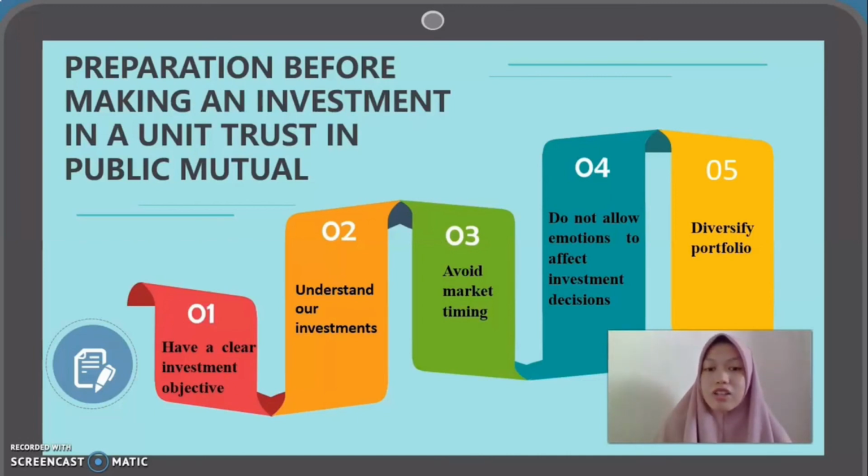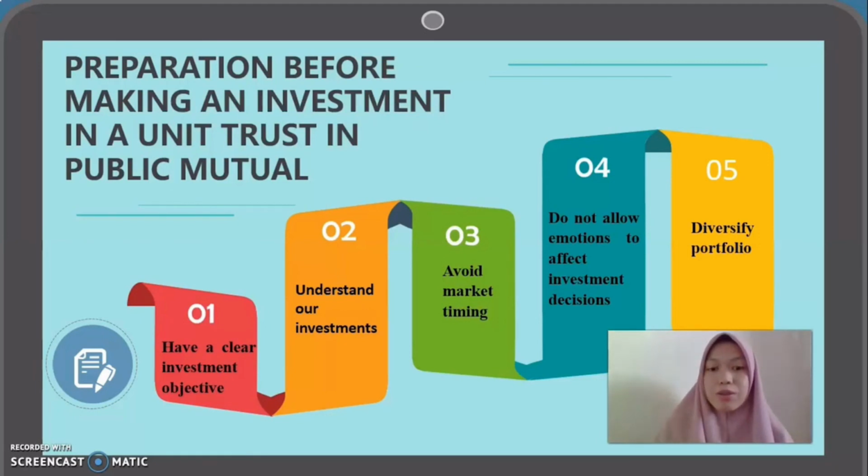Number 5 is diversify portfolio. Diversification is one of the ways that can help us reduce risk in investing and get a profit. There are various ways that can be used for diversification, whether it is diversifying asset class or investment instrument.